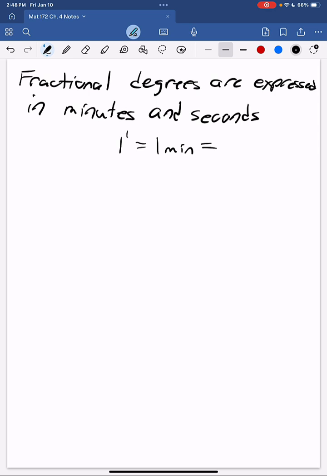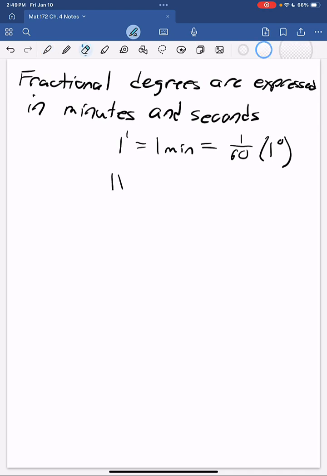Similar to how you think of time, 1 minute is 1/60th of an hour, except here, instead of hours, we have degrees. So a minute is a 60th of a degree.